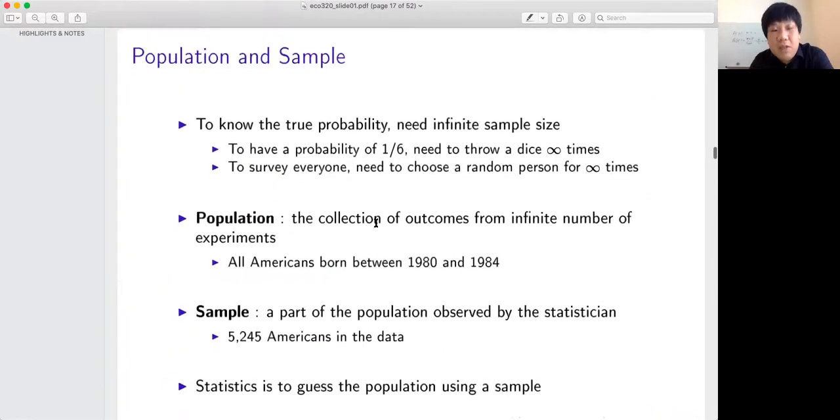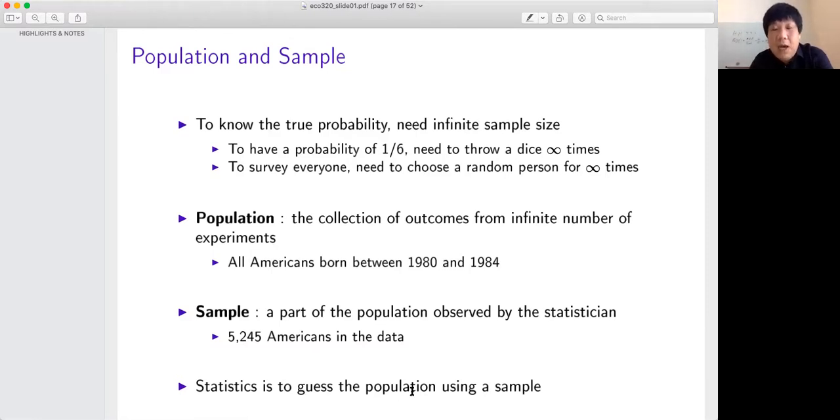So there are differences between population and sample. For example, the population would be all Americans born between this period, and the sample is like 5,245. Someone would ask, what is a statistic? A statistic basically tries to guess the population parameters using a sample.